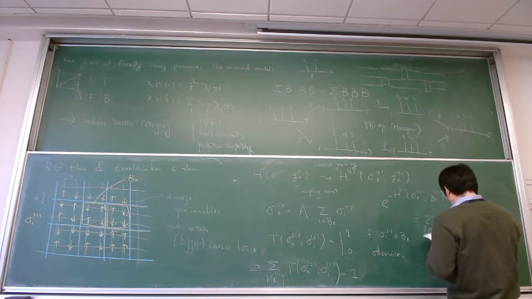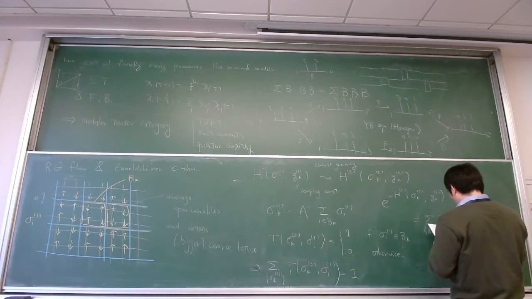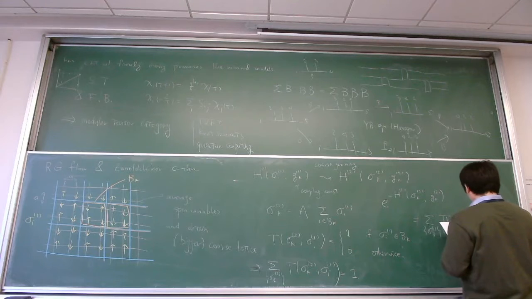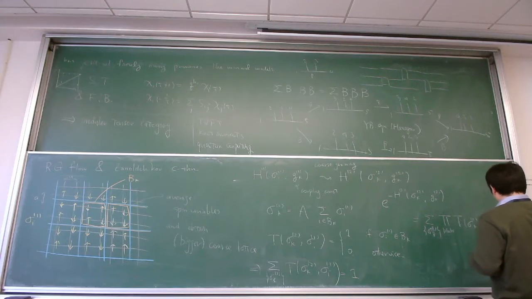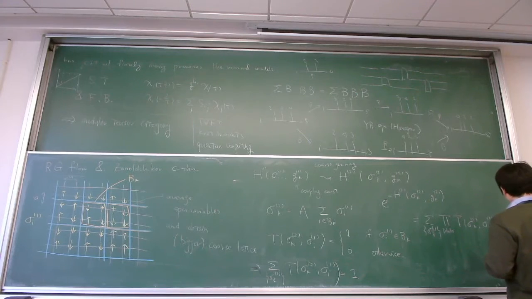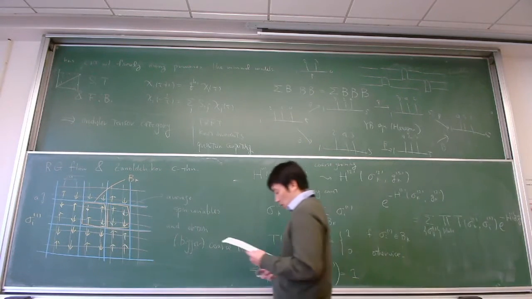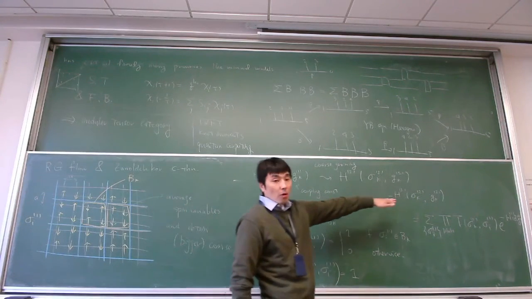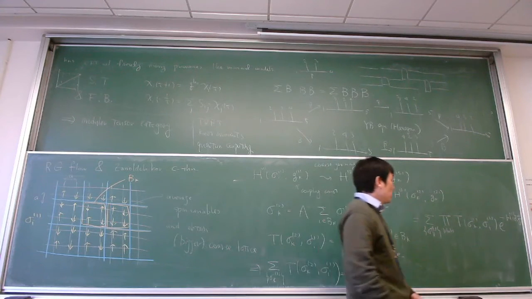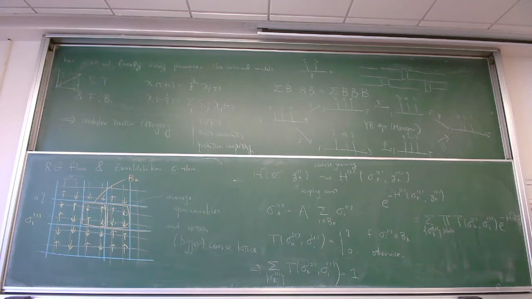So all blocks T. You define the new Hamiltonian, or rather the Boltzmann weight, by summing over all possible states but multiplying these T blocks.